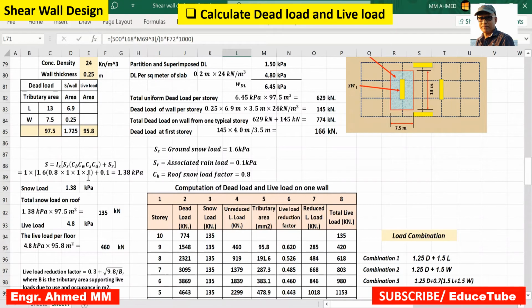All other factors, it is all assumed as 1, I mean normal. Snow load, we got this. So total snow load surely, if we take this tributary area, multiply this, so we get the total snow load. So we got here 135 total snow load. And here, if you look at dead load, 774, we got it here, 774. This dead load here, snow load here.